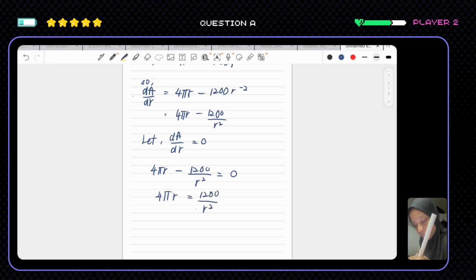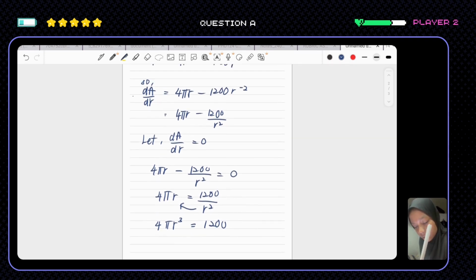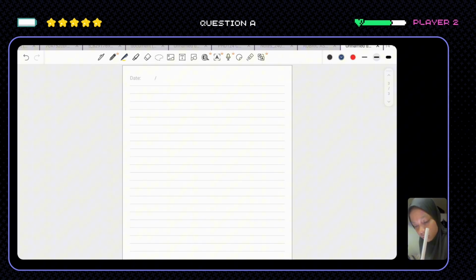Then we move the r² to the left side, so 4πr³ equals 1200. Then r equals the cube root of 1200 over 4π. So the value of r is 4.57 cm.